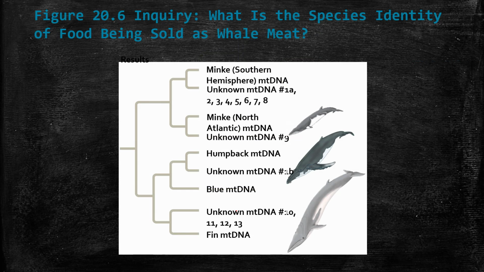And this kind of tree can be used for lots of things beyond just studying evolutionary history. For example, your book discusses how folks selling whale meat, which I'm sure has lots of regulations on it, might claim it's from one kind of whale, but we can do genetic tests to determine which whales that meat actually came from.